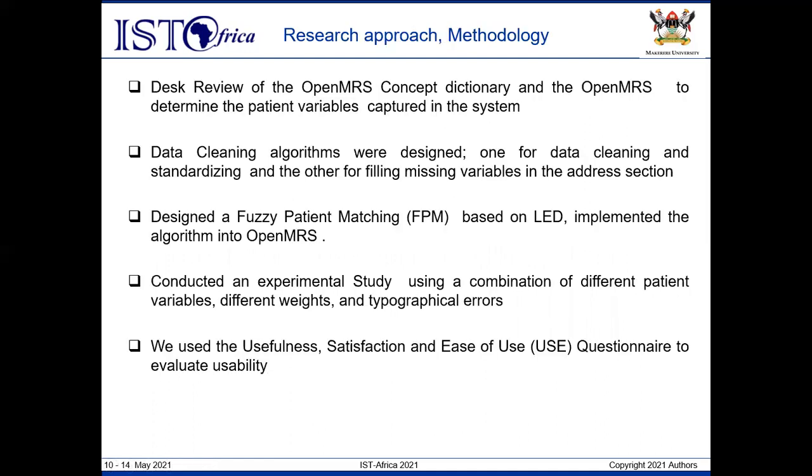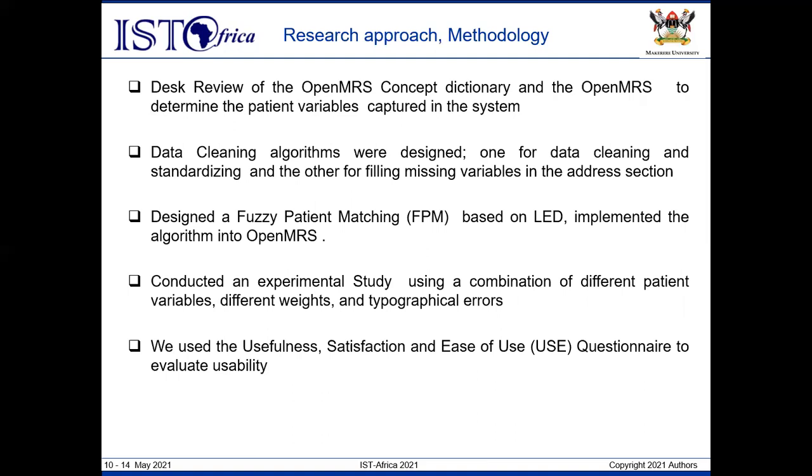We conducted a desk review of the OpenMRS concept dictionary to understand the variables that are captured in the OpenMRS system. Then we obtained patient records from 5 health facilities in Kampala, Uganda.